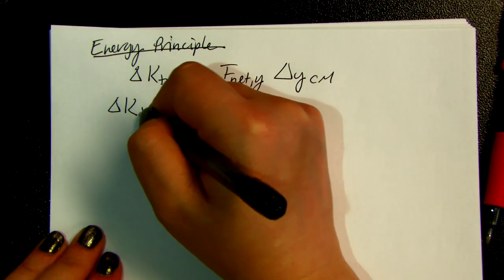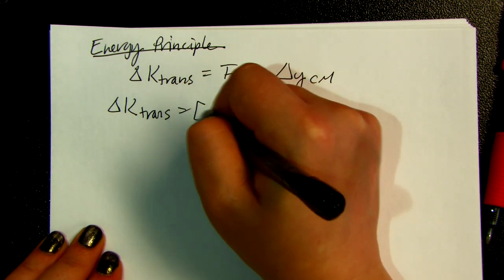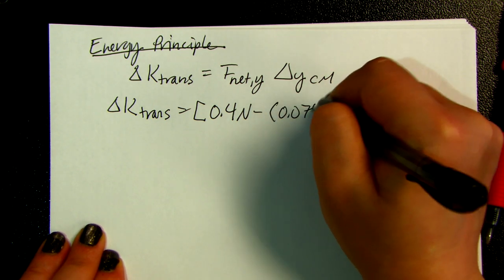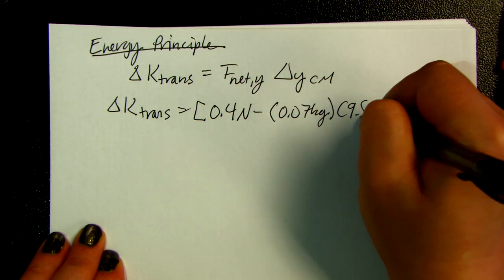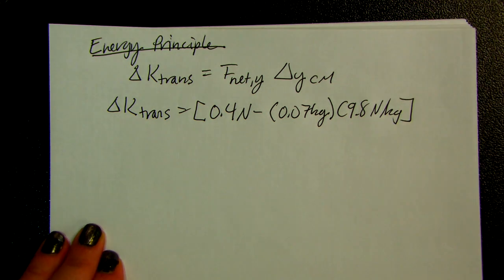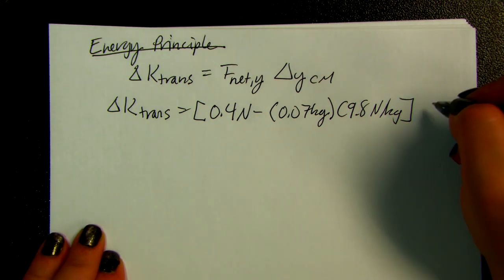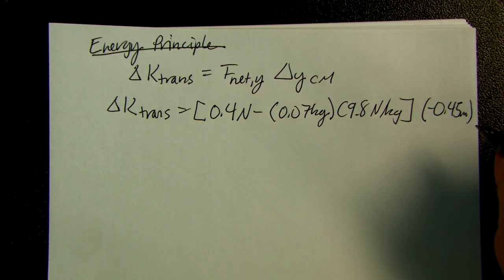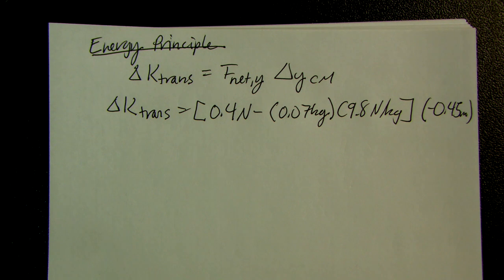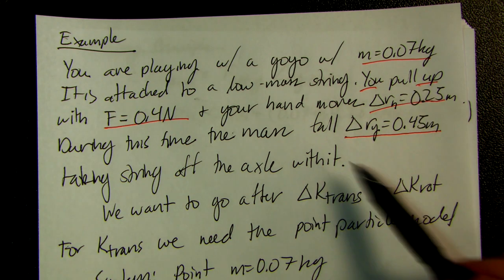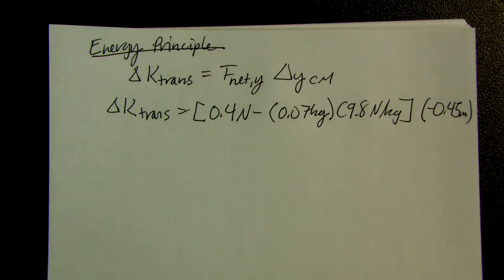The change of kinetic translational energy is equal to 0.4 newtons minus 0.07 kilograms times 9.8 newtons per kilogram. And both of these forces are applied the entire time because they all act in the center of mass over that distance of minus 0.45 meters. By the way, the distance your hand moved up, which we talked about at the very beginning, so your hand was displaced a quarter of a meter, that's irrelevant. We don't need that information for the point particle model.